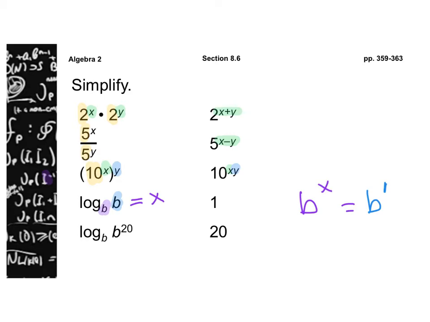Log base b becomes b to whatever is outside equals what is inside. So in this case, x is 20. This is demonstrating the inverse property of logarithms and exponents.